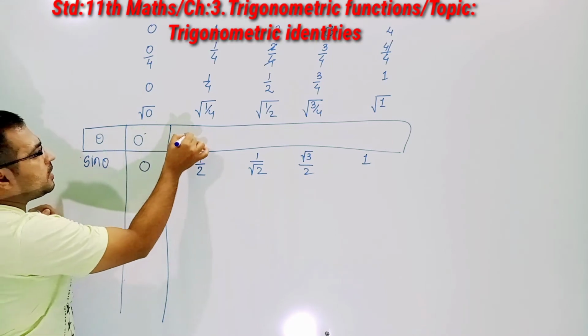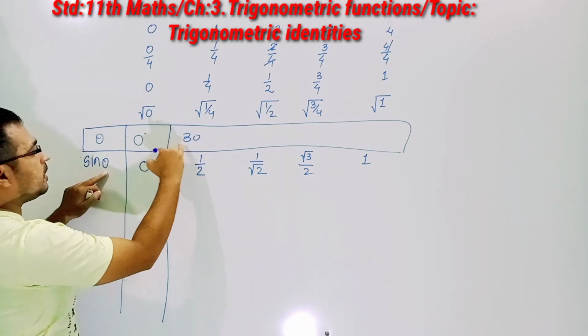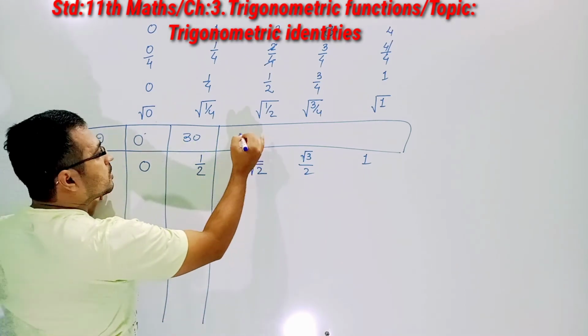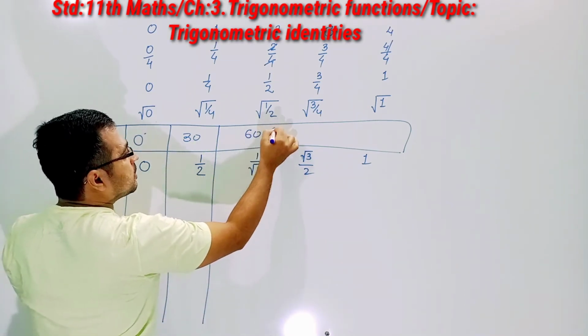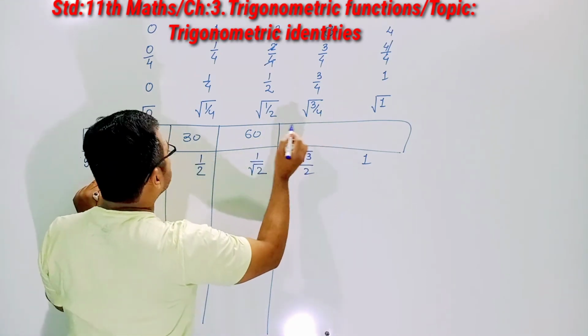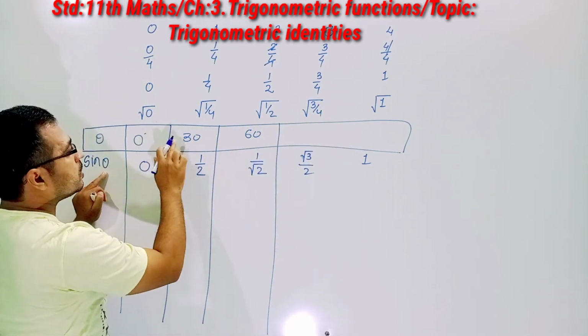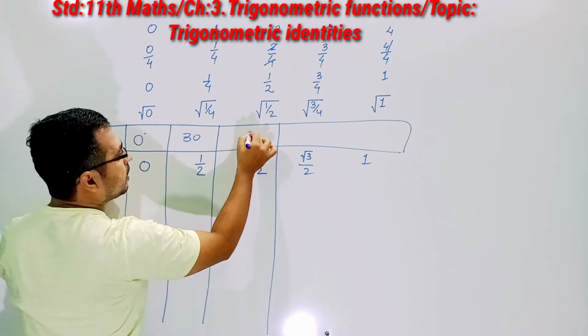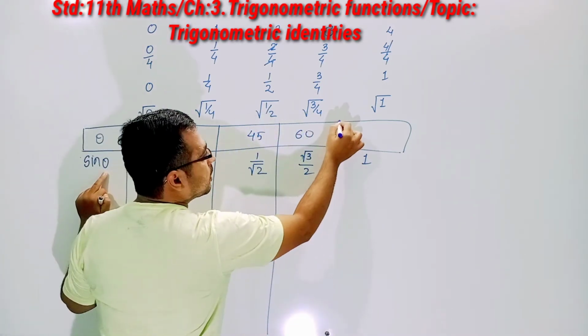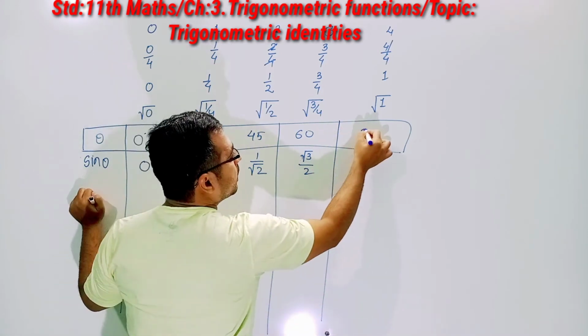If theta is 30 degree, this is the value of sine 30. This is the value of sine 45. This is 60. And this is the value of sine 90 degree.